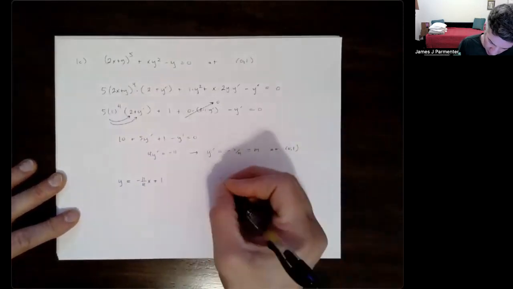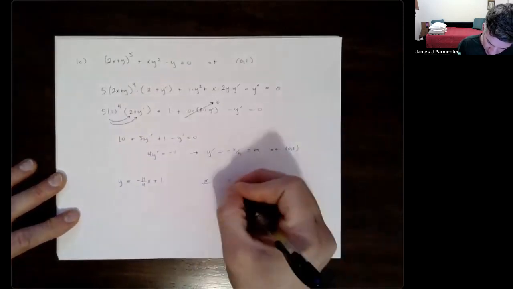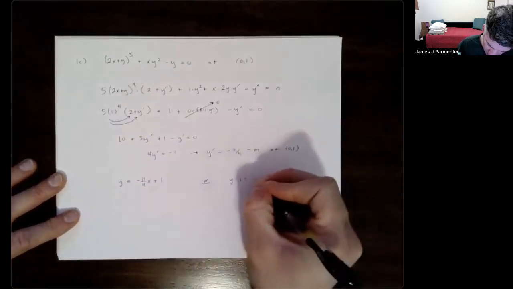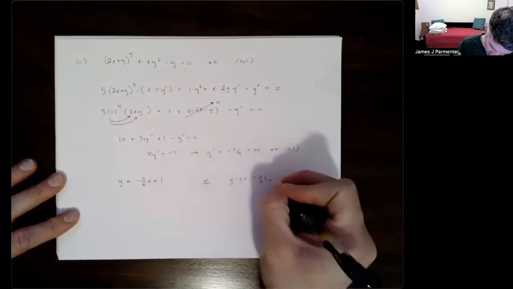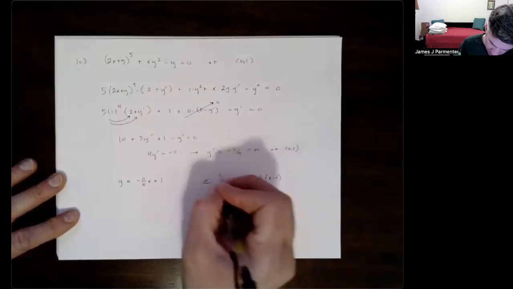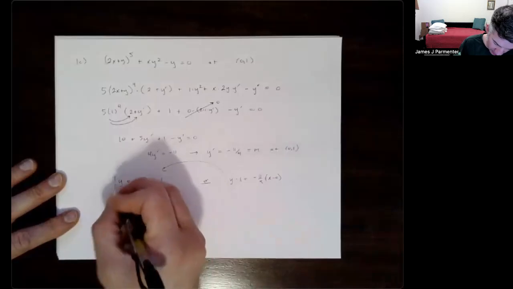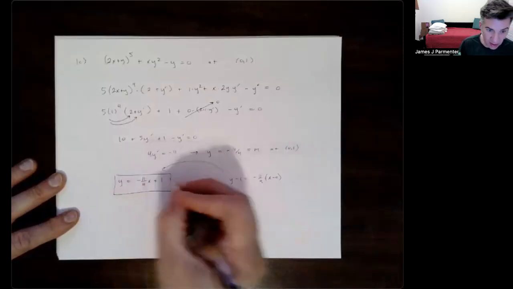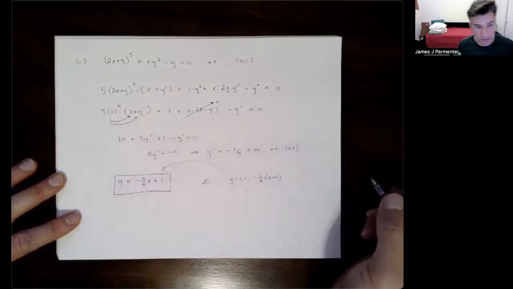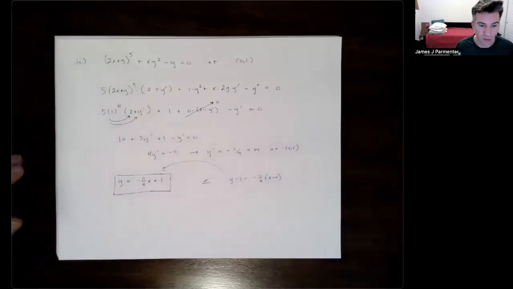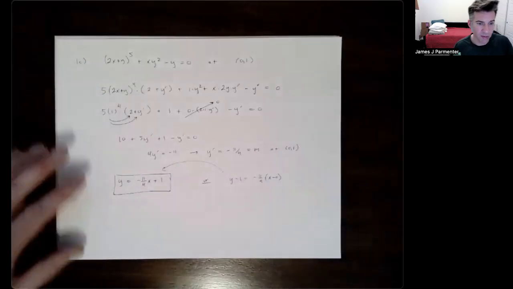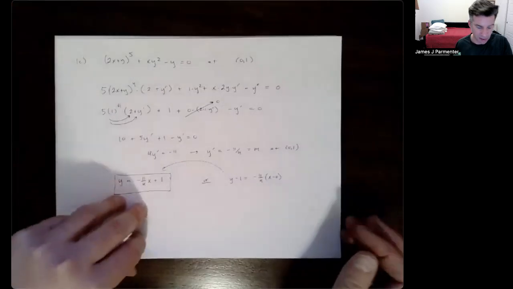Or if you wanted to, you could start with point-slope and say y minus 1 equals your slope times x minus 0, and then that becomes that. But you do need to write it in this format if it says to write it in the slope intercept form. Cool. Moving along.